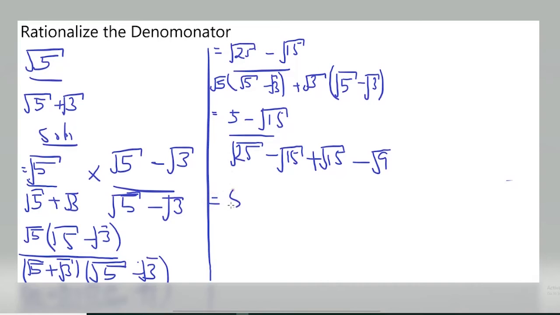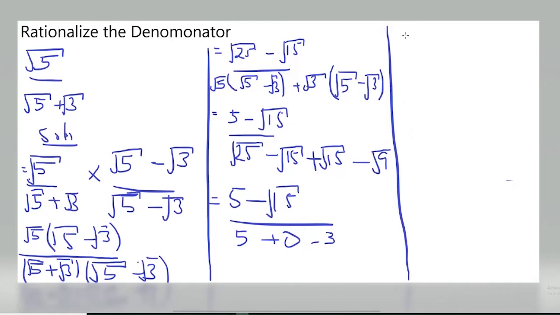Now this one will be equal to 5 minus root 15 over, now the square root of 25 is 5, okay, minus, this one and this one will cancel, going to have 0, okay, then minus the square root of 9 is 3.